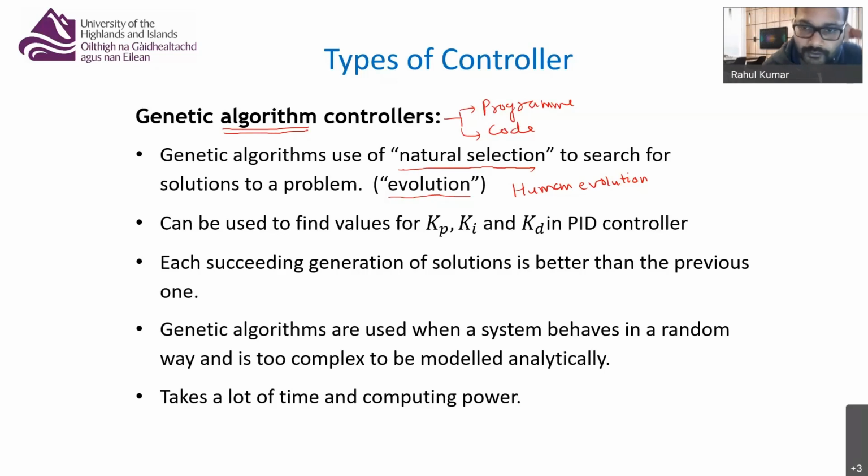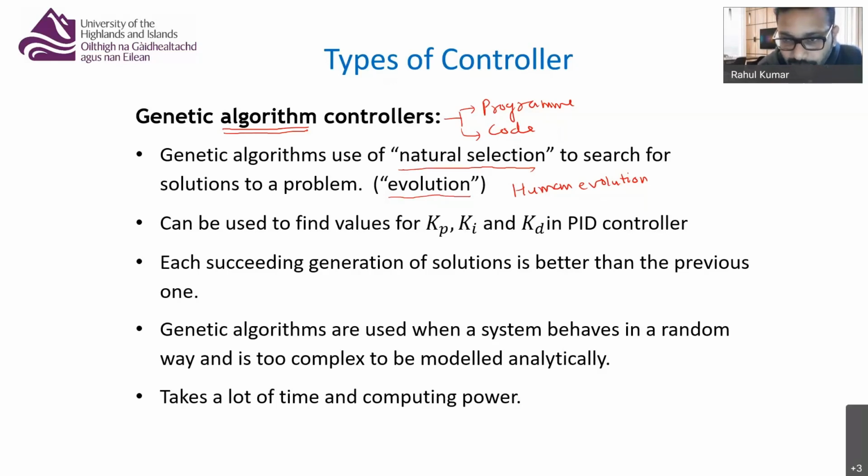The genetic algorithm uses this concept of evolution or natural selection, where the best genes are passed on to the next generation, the offspring or the children. Similarly, the genetic algorithm tries to identify the best solution and then passes it on to the next generation.